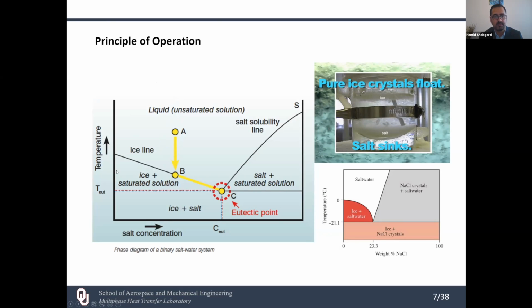So you separate ice crystals, and the remaining liquid gets more and more concentrated until you get to the eutectic point. If you further cool down the system at the eutectic point, all your brine would solidify, and you would have a mixture of ice and salt hydrate.